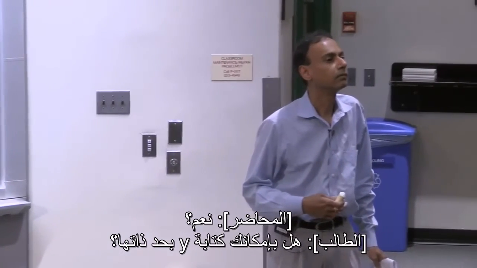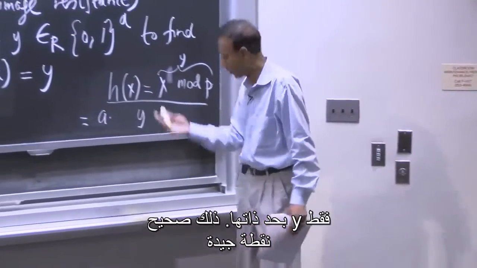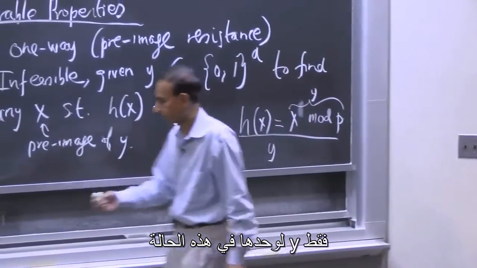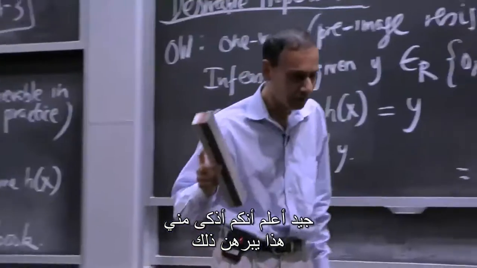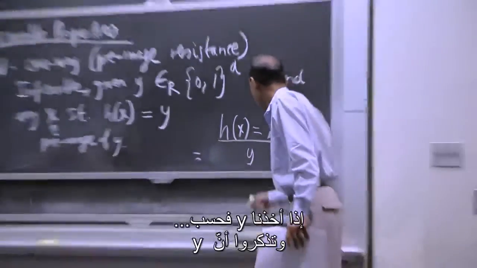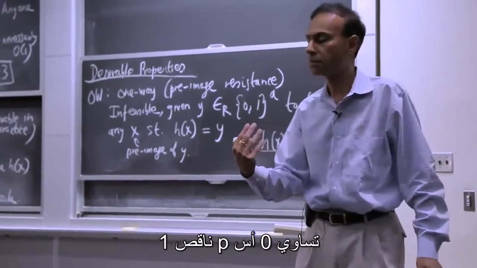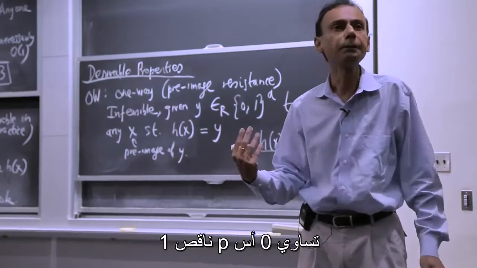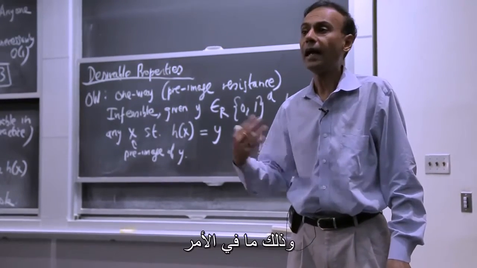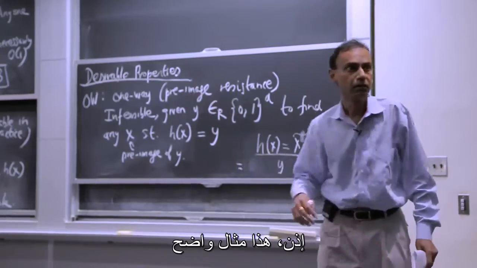Yeah? Just y itself? That's right. Good point. Just y itself in this case. Good. I knew you guys were smarter than me. This proves it. So if you just take y, and remember, y is going to be something from 0 to p minus 1, right? And that's it. You just go through, right? So that's a trivial example.